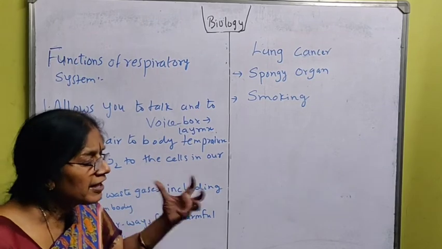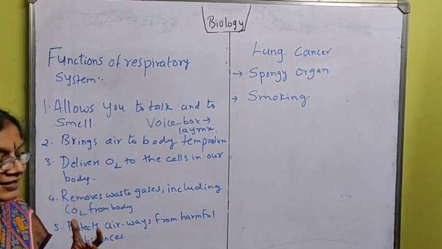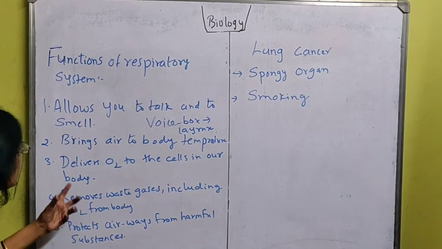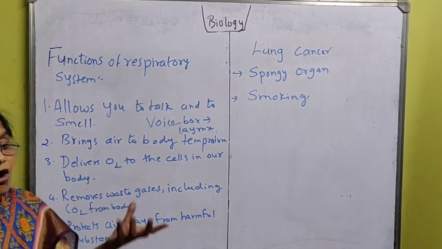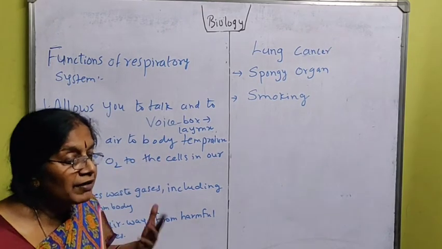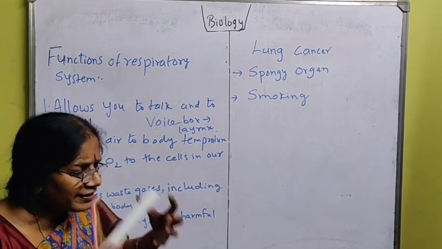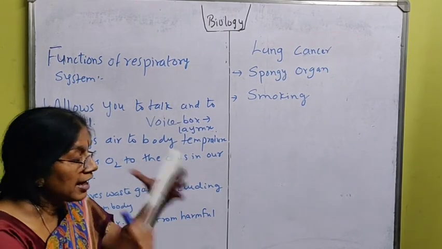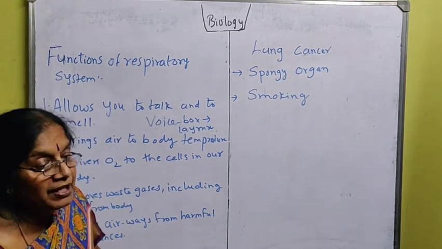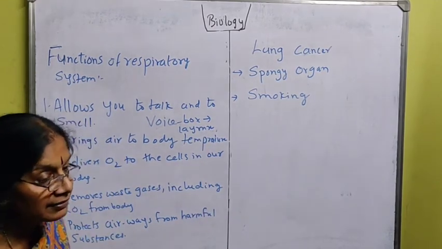They are very important organs which help us for the exchange of gases, that are oxygen and carbon dioxide. In a healthy person, when you see the lungs, the capillaries are there, and the red color shows that the exchange of gases is taking place, and blood capillaries are there. So that shows that it is a healthy lung.